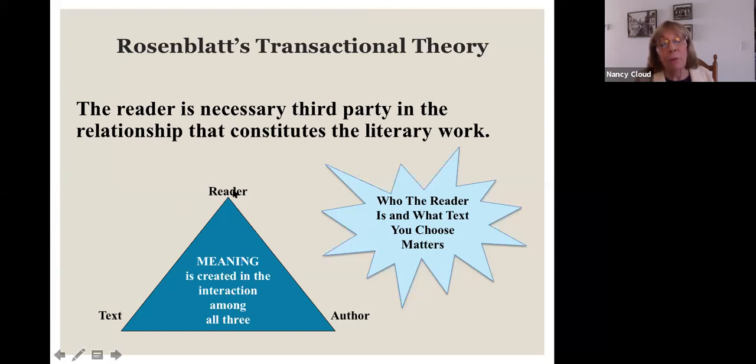And then the reader who reads the text may take away something completely different. And they believe that meaning is actually created among all three of these major sources. The author meant something, they tried to get it in the text, the reader reads the text, and what do they walk away with? And what I would liken this to is when you go to see a movie, or now you're sitting watching Netflix with 4 other people.